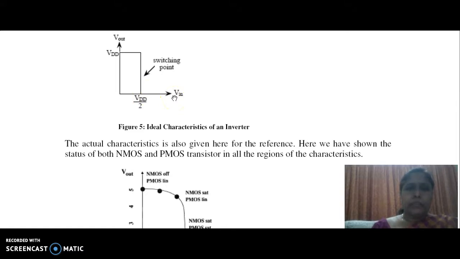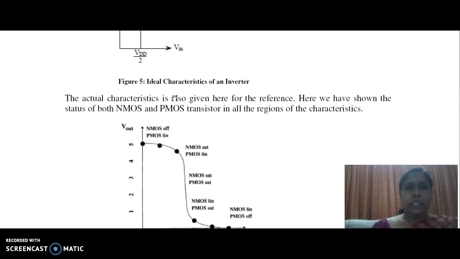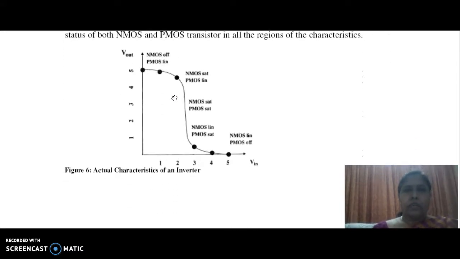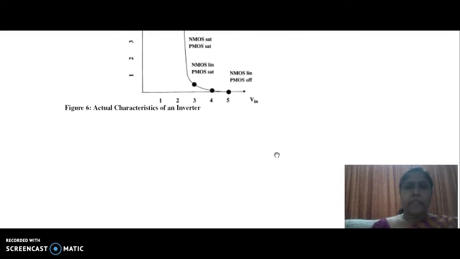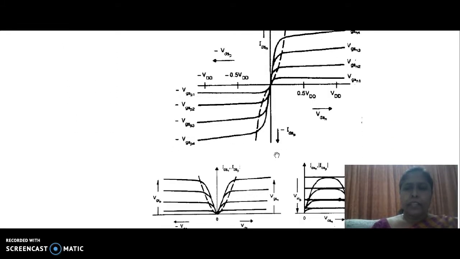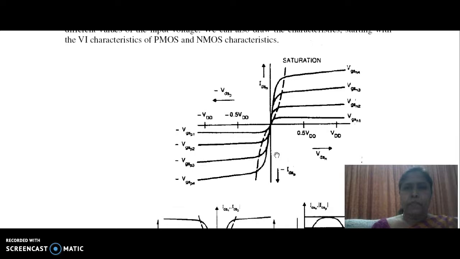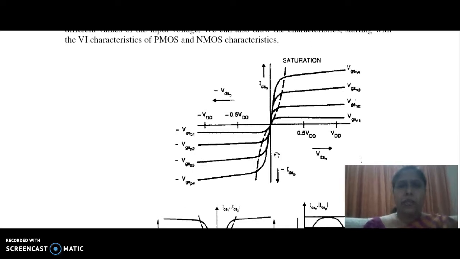We need to prove that the characteristics of the CMOS inverter follow the inverter characteristics. If we analyze by knowing the VI characteristics of the N MOSFET and the P MOSFET, we can get the operating points and find out the output for a given input.